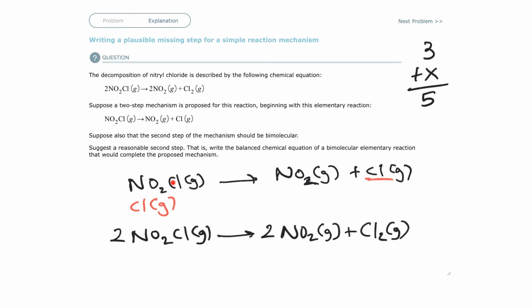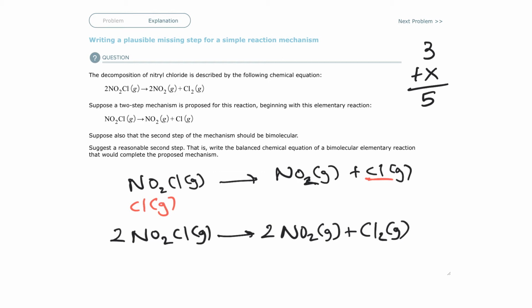I've got one NO2Cl and I have 2 here. Okay, so when I do the 3 plus something equals 5, this plus this equals this. Now this is going to go away because you're going to cancel it. It's going to be on both sides.